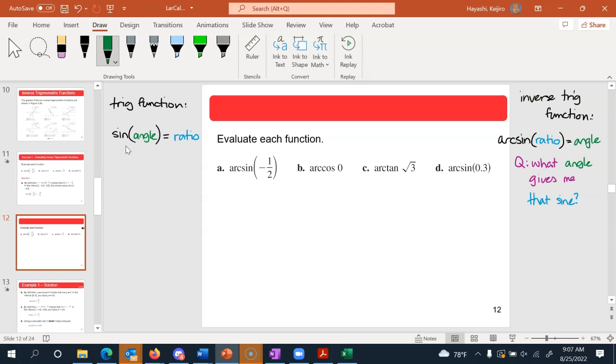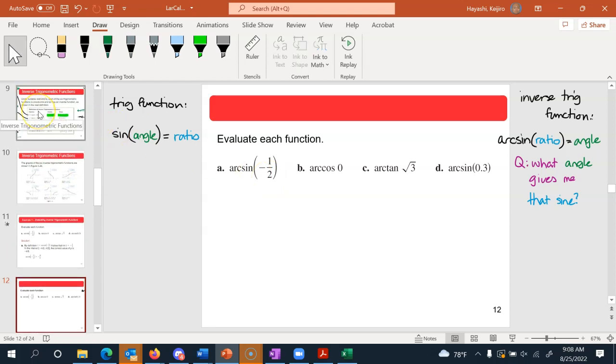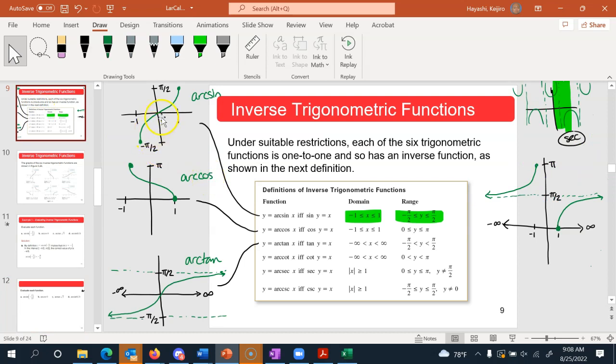Right, arcsine, the domain and range of it are restricted, so that there's only a certain range of ratios that you can put in, and a certain range of angles that can come out, as y values.